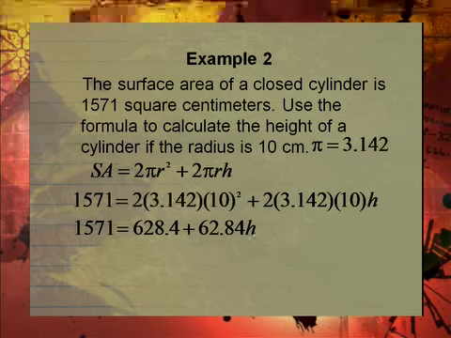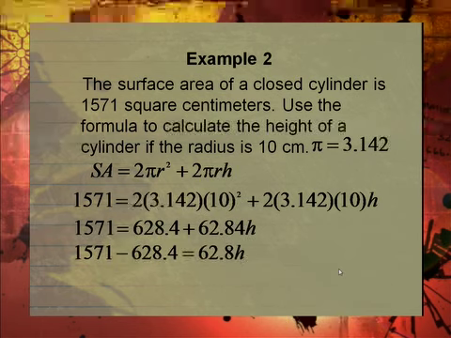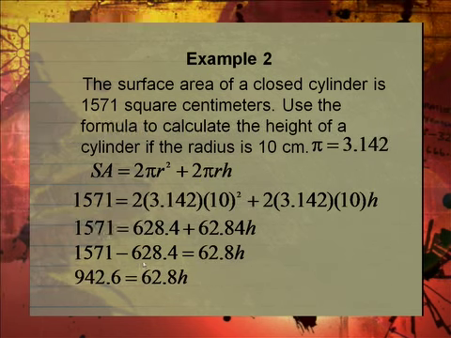This h, we need to leave it on the right. What I did, take this number across, it is minus, guys: 1571 minus 628.4, you get 942.6. Guys, I'm taking this bit by bit. 1571 minus that on the calculator, you get this.